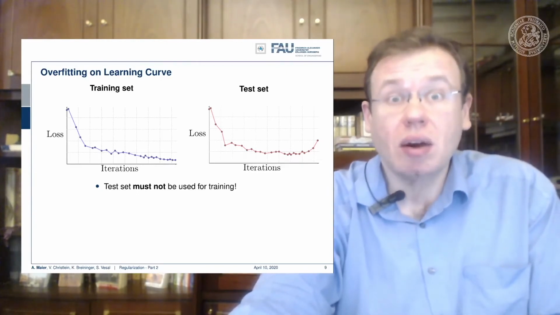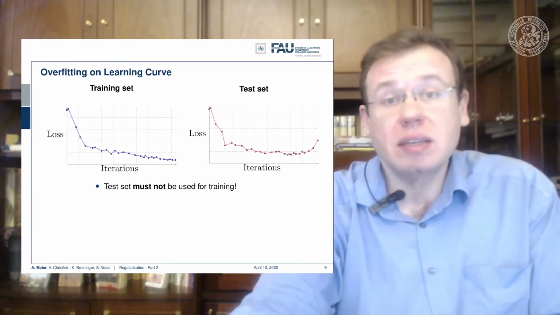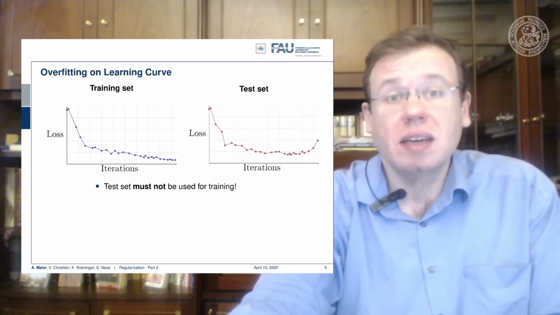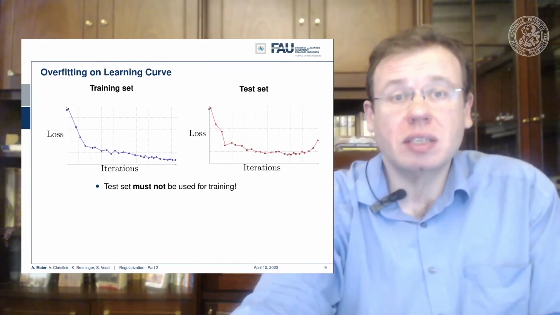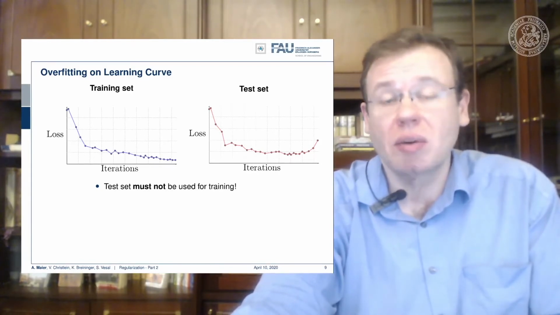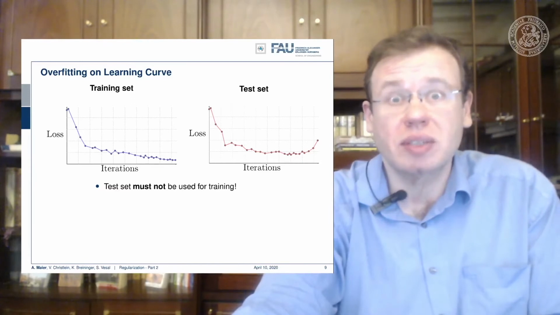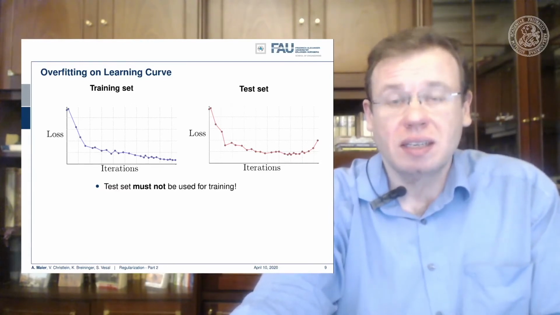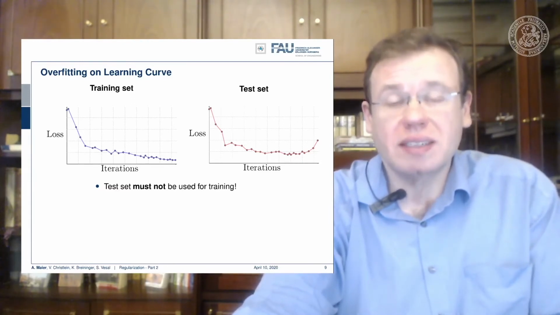If you trained on your test set, then you will get very good results, but it's very likely to be a complete overestimate of the performance. So there's the typical situation that somebody runs into my office and says, yes, I have 99% recognition rate. And the first thing that somebody in pattern recognition or machine learning asks when he reads 99% recognition rate is: did you train on your test data?